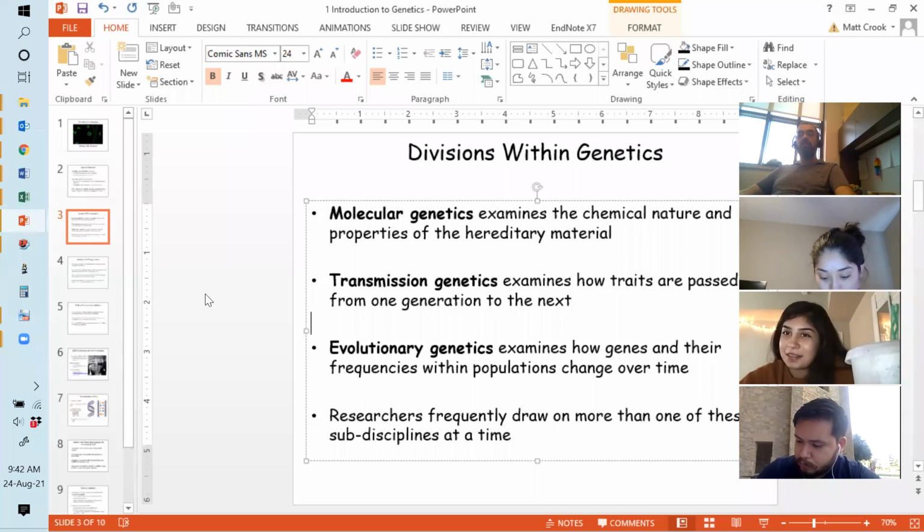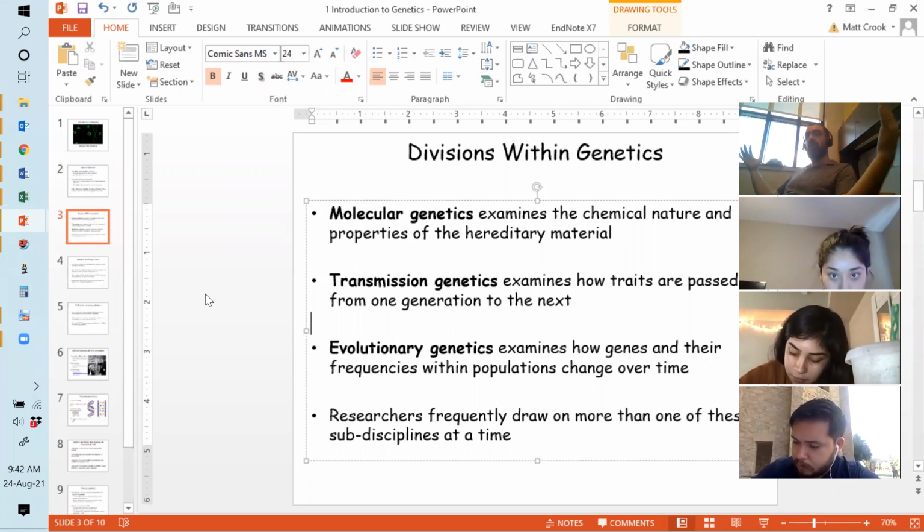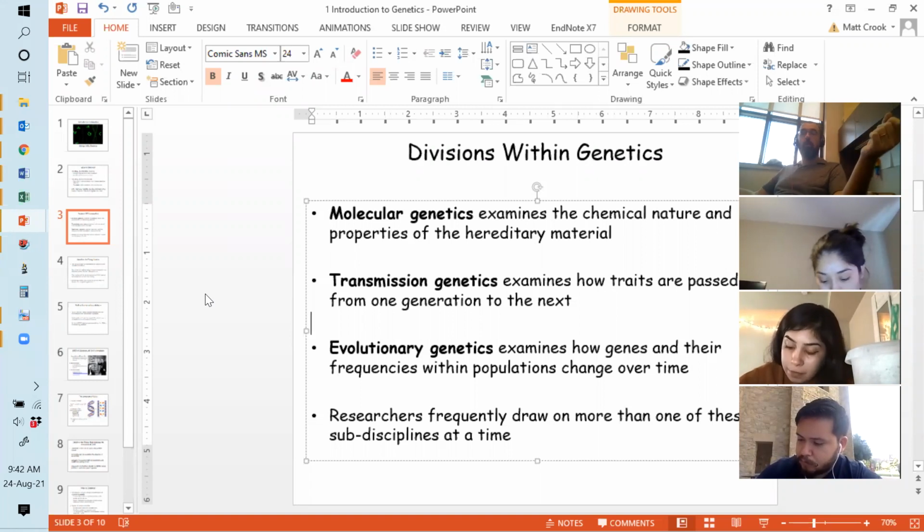So really at the smallest scale, you're talking about molecular genetics, the nuts and bolts deal. When you go up in scale, and that can be at the individual level, but when you start going up in scale to many individuals and inheritance, now you're really talking about transmission genetics. How are those traits passed from one generation to the next?